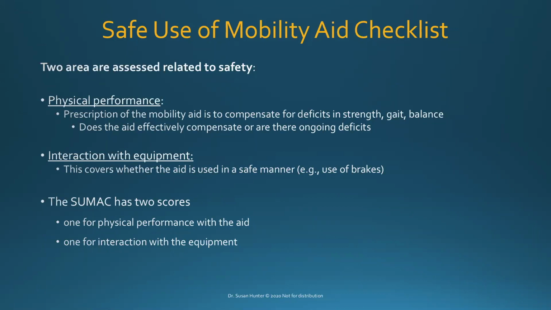The interaction with equipment is what we have termed whether the person engages with the aid in a safe manner. At the end, there are 2 scores that come from SUMAC: one for physical performance and one for interactions with equipment, which indicates safety.